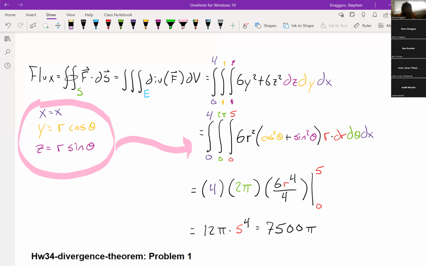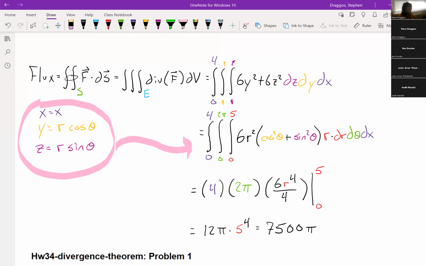And then the thing that we're integrating, I'll first simplify it to 6r squared times cosine squared plus sine squared times r dr d theta dx. Remember that we need that r in there for when we change over that dV integration token. That's the determinant of the Jacobian, which we only very briefly talked about in an announcement, or if you watched the video on change of variables, which was not necessary, but that is where we talk about what a Jacobian is.